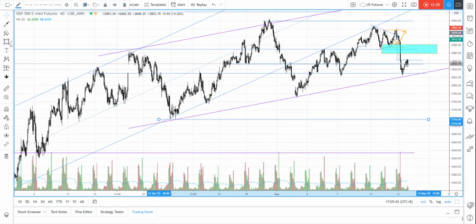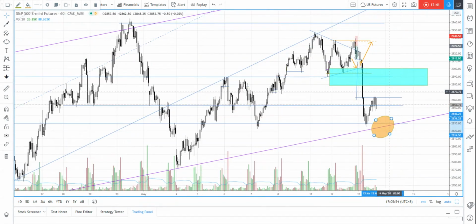Right now, 2830 and also the channel demand line here provide some kind of support. I would not be surprised if it just keeps bouncing up from this level and shows some kind of absorption. In the market, any kind of situation is possible, so I'm open to any possibilities. But looking forward, I still prepare for my short entry, especially around this region here, 2880 to 2900 levels.